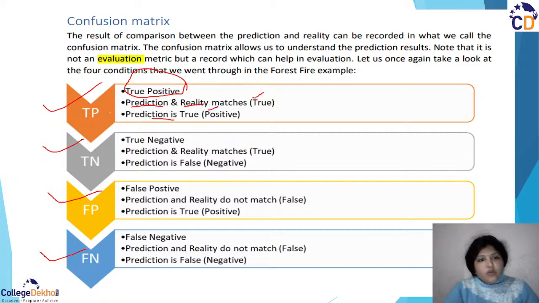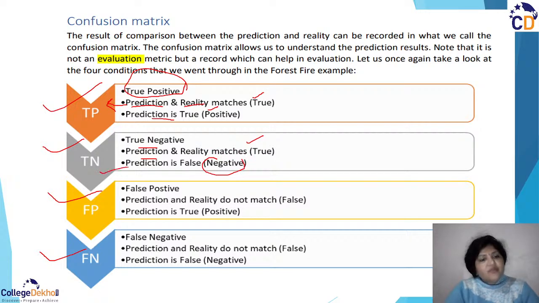So this is how you are getting the true positive part, right? Case 2, true negative. When prediction and reality both match, the result actually matches with the reality, but the value of prediction is false, then you get the negative part.